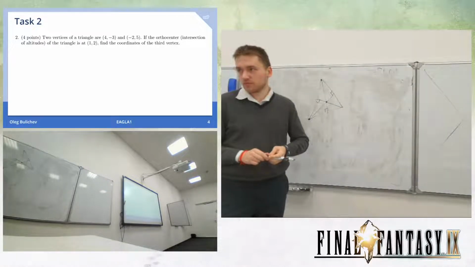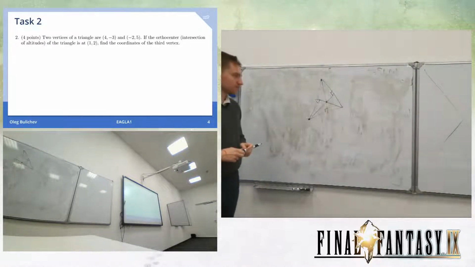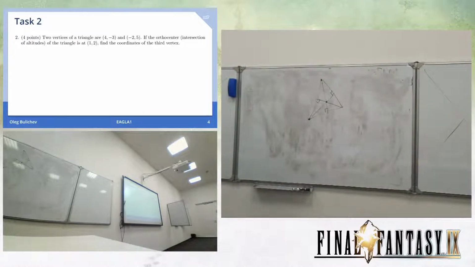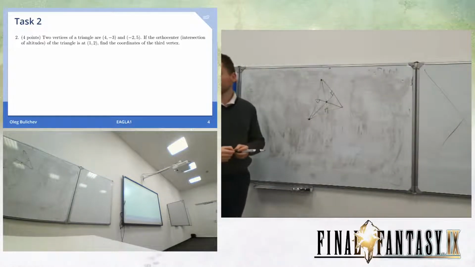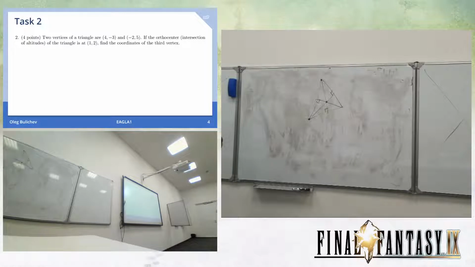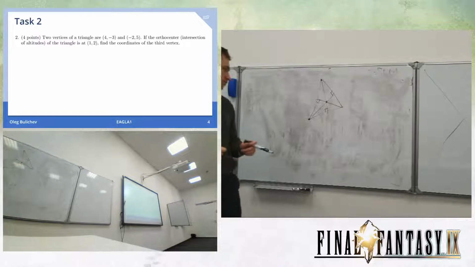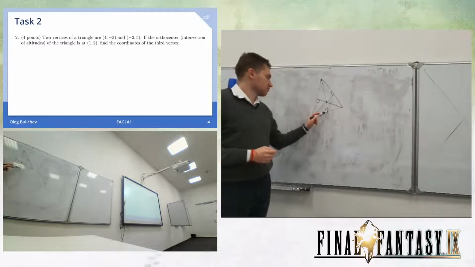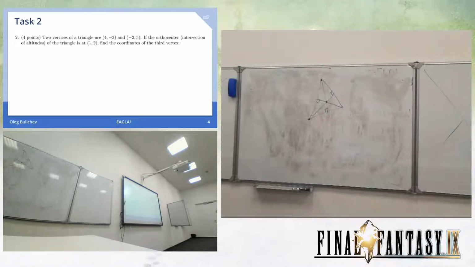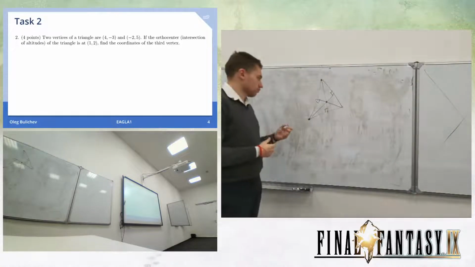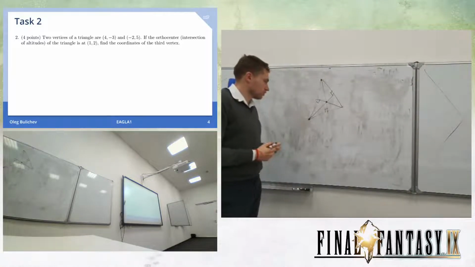We can make a system of equations using the cross product. Dot product, yeah. And the dot product will be 0 between some altitude and the base of the triangle.